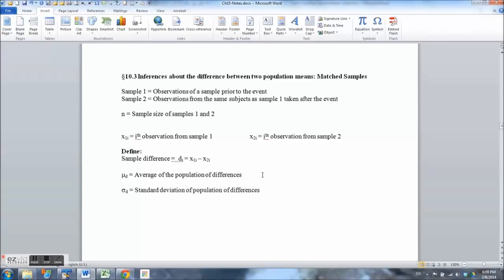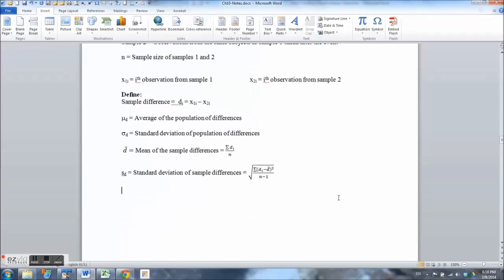Then sigma sub d is the standard deviation of the population of differences, and we can compute a sample mean of the differences, sum all the differences, divide by n, and we can compute the sample standard deviation of the differences. So instead of x, we use the d's. So now we essentially have a single population case. Instead of x, we have d.